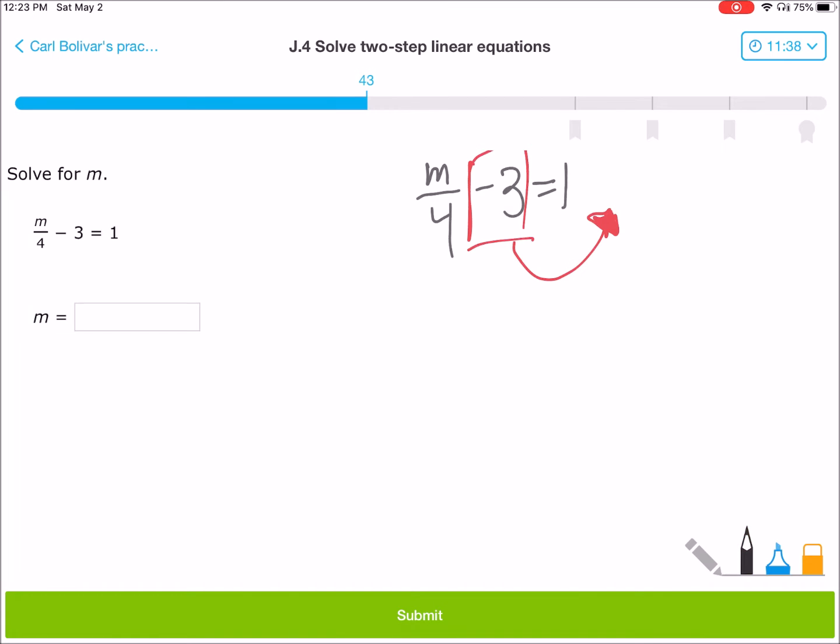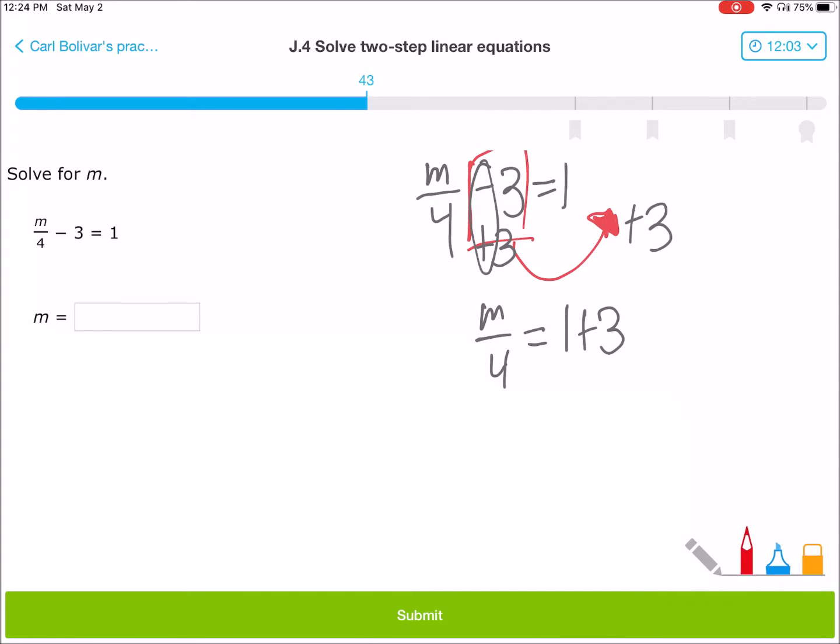If we add 3, because the opposite of minus is addition, and we also have to add it to the other side, don't forget that, this will be m over 4 is equal to 1 plus 3.